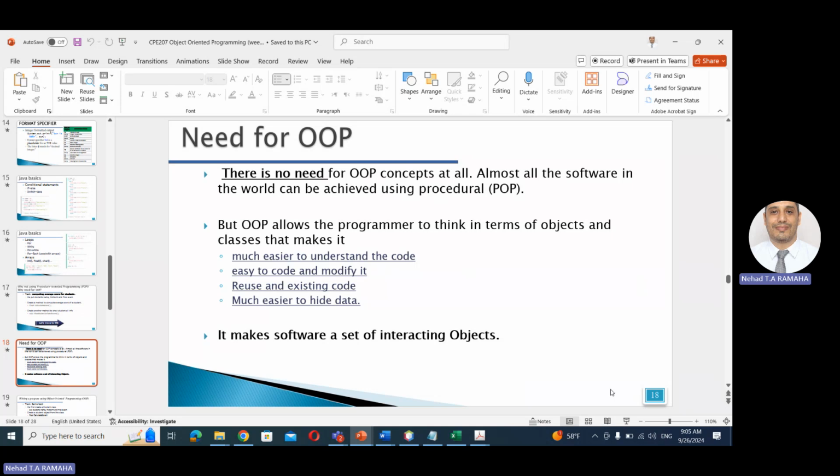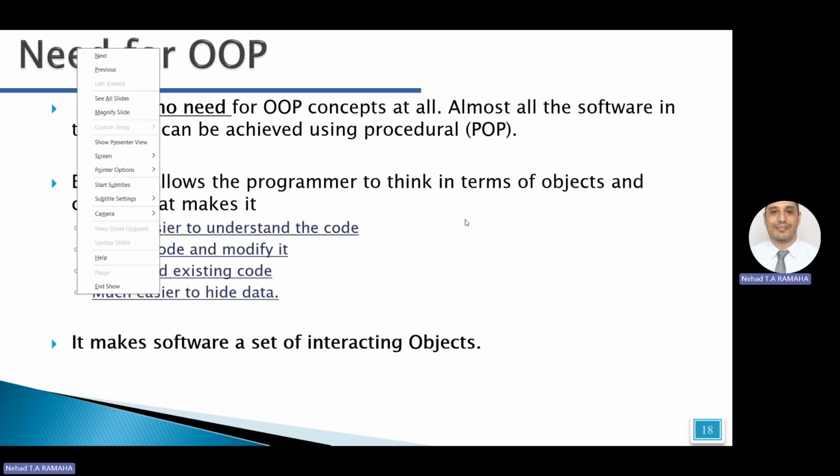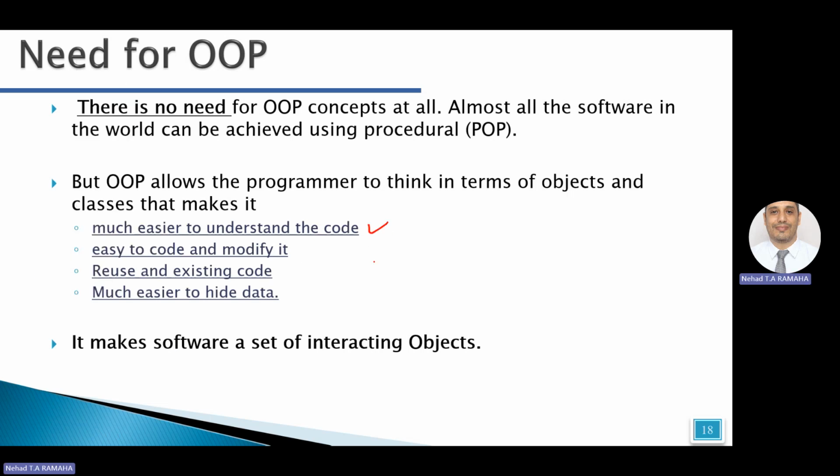The objects come from our real world, like a student, class, employee, and so on. We don't focus on functions here. We focus on the classes and the objects of the classes, which is the same as our real world. So it makes it easier to understand the code.